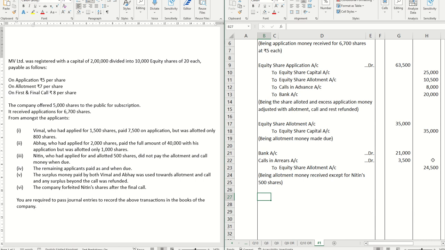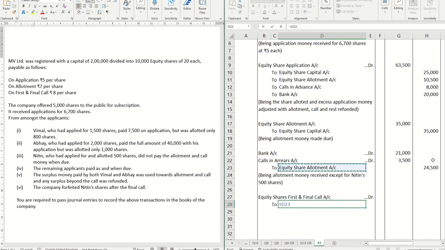All right. Next entry is making the call money due. So let's do it. Equity share first and final call account debit to equity share capital account.